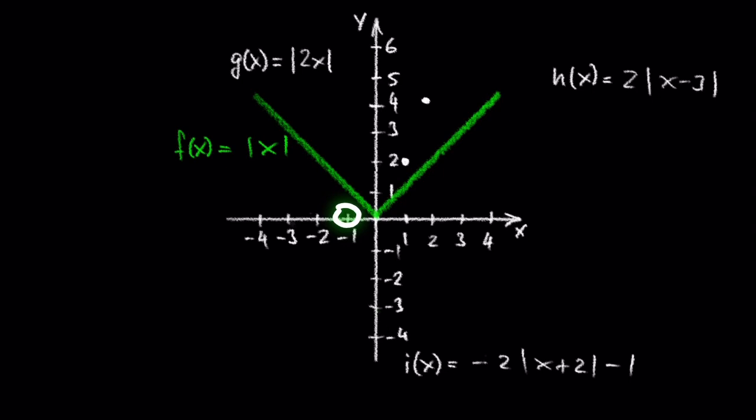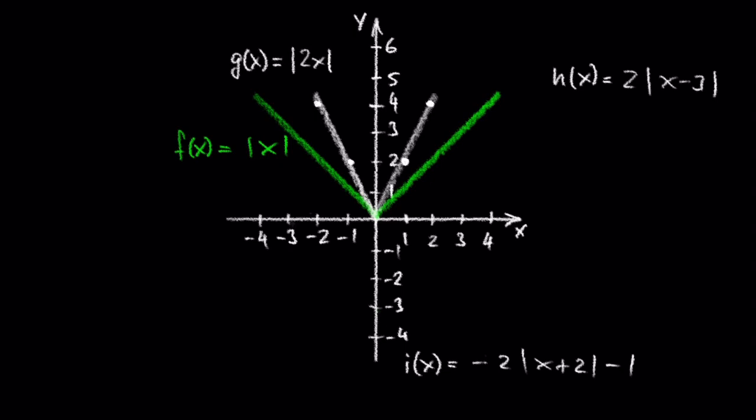And for negative 1 and for negative 2, we also get 2 and 4 as an output, because the absolute value makes a positive out of a negative. So we see a coefficient greater than 1 stretches the graph of the absolute value function.